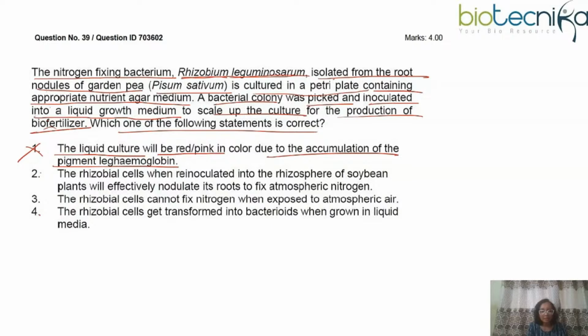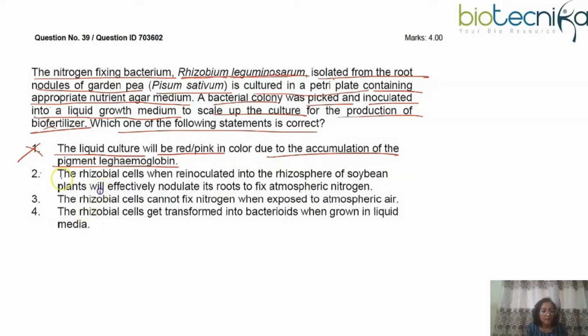But those pigments of leghemoglobin are not produced by the bacterium, they are produced by the host plant. So if the bacteria is growing on an artificial medium, can it produce the leghemoglobin? No. That ability is with the host plant and that's why statement 1 is not correct.